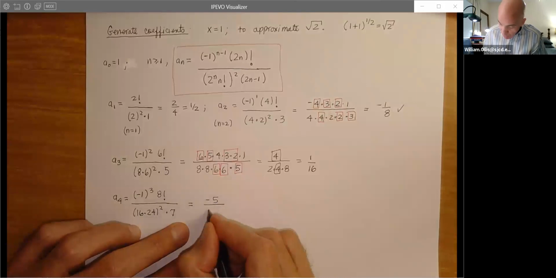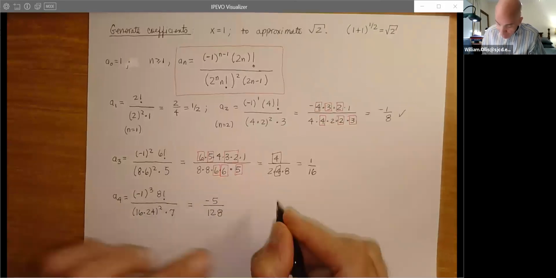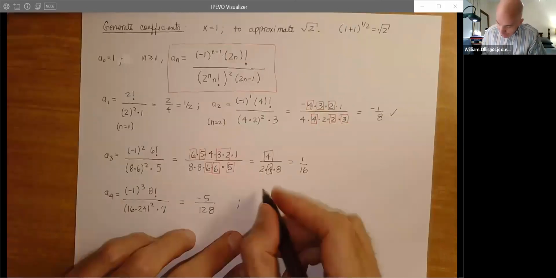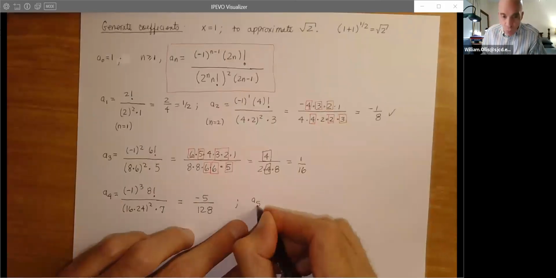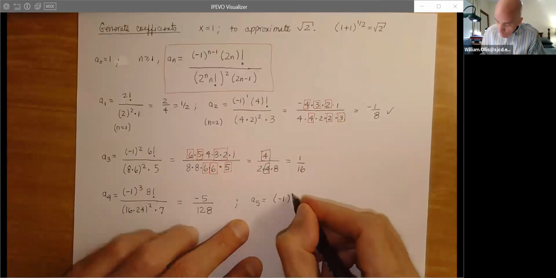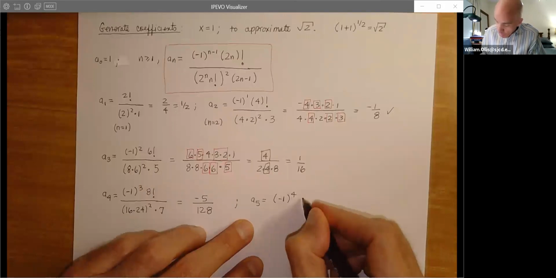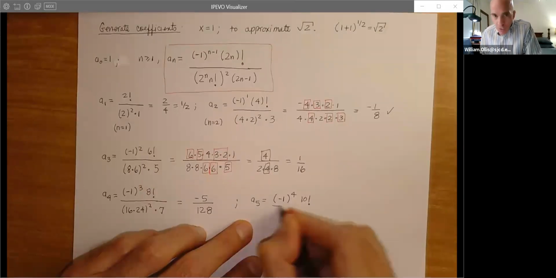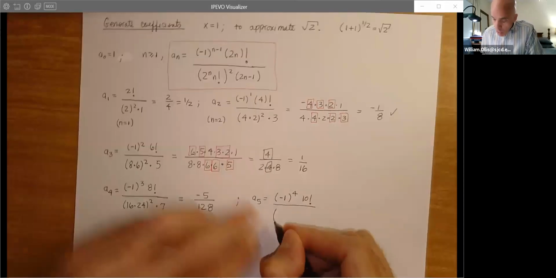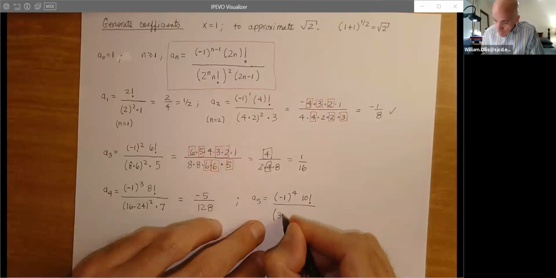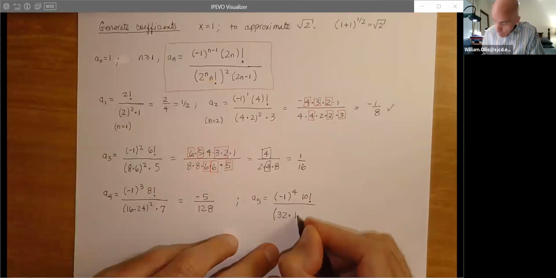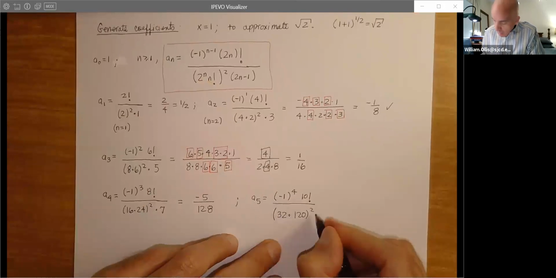I want to work another example. And then I actually did a sub 5, same thing. A sub 5 will be a negative 1 to the 4th power. I've got a 10 factorial, 5, and then you've got 2 to the 5th, 32, and then 5 factorial is 120 squared times a 9.